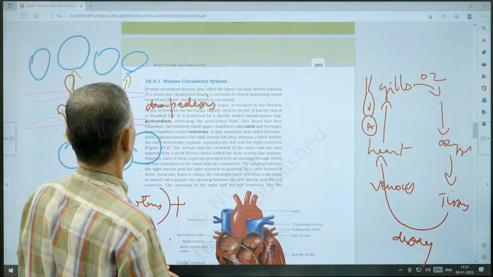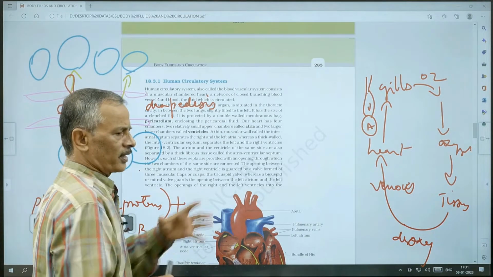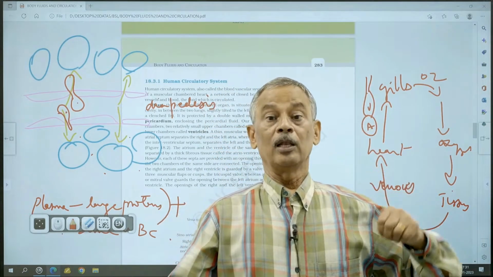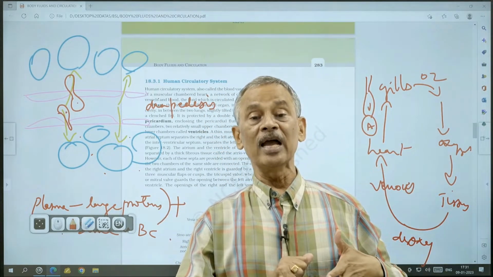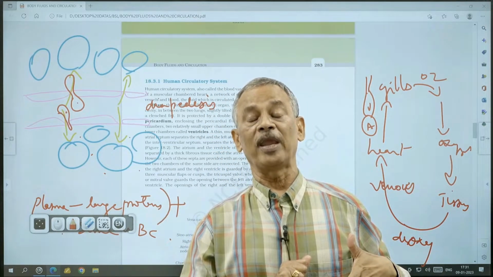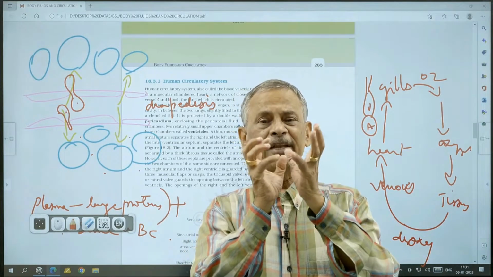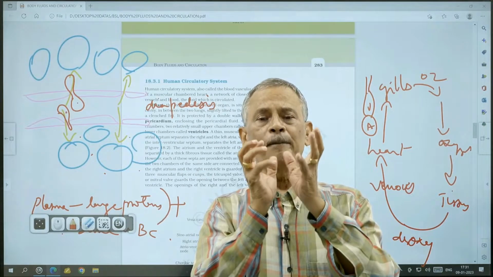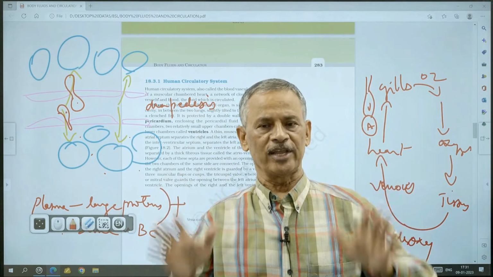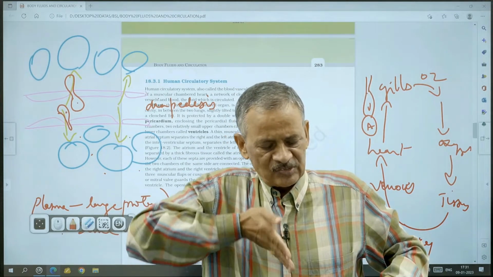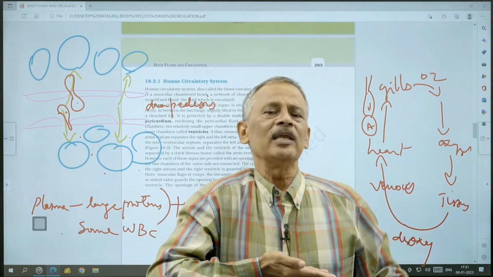Our heart is having the size of a fist, our own fist, located in the mediastinum, that is the space between the two lungs. It is covered by a double-layered fluid-filled bag called pericardium. In the middle, its apex is tilted slightly to the left side.